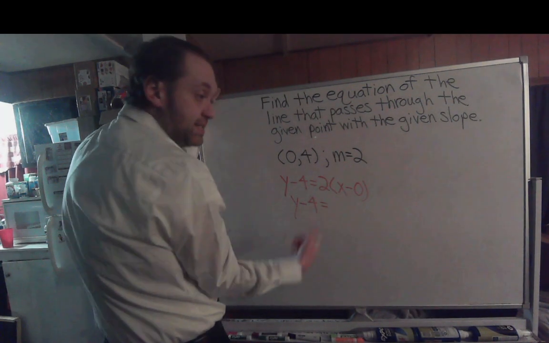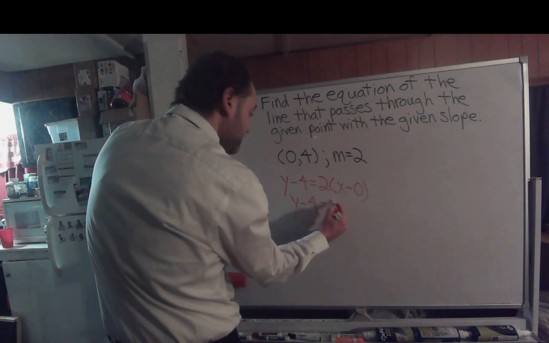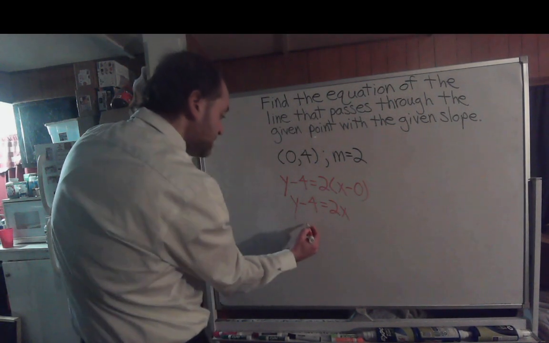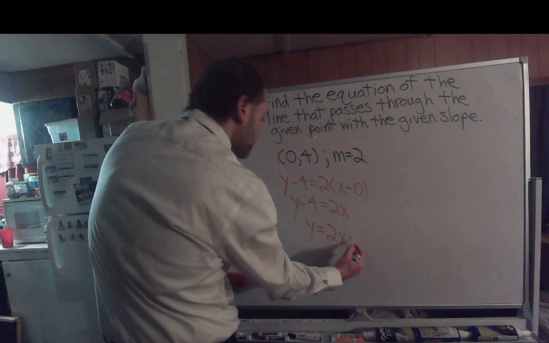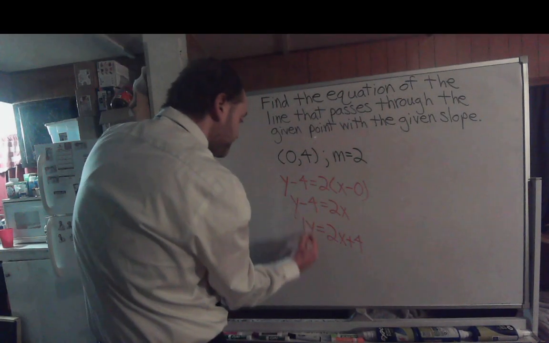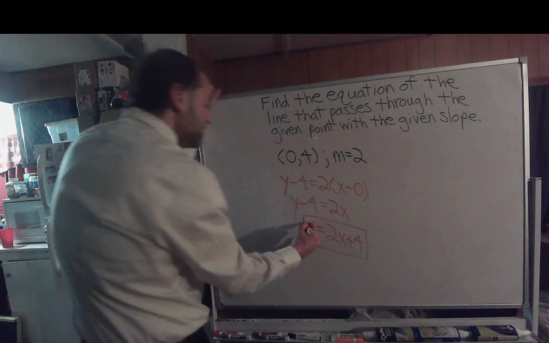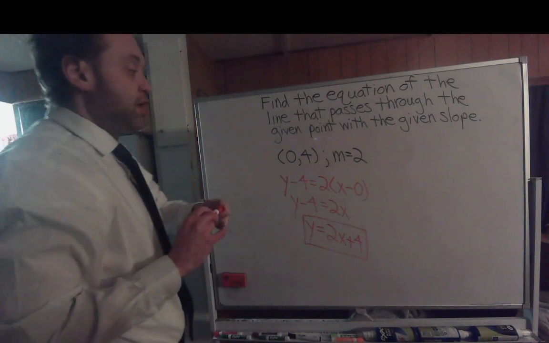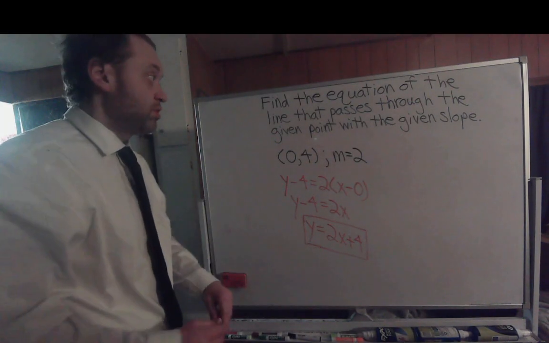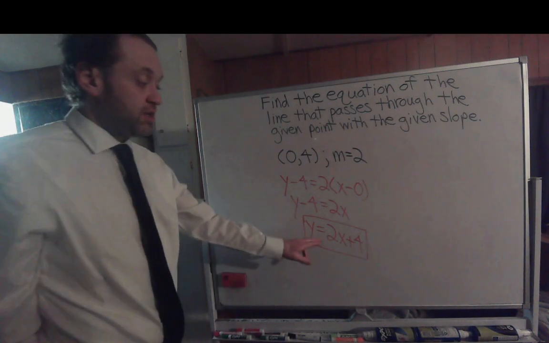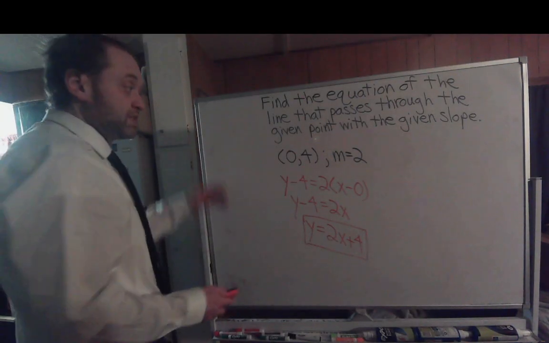Well, x minus 0 is just x, which would give you 2x. So the equation of this line would end up being 2x plus 4. So you see now how it converts from point-slope form to slope-intercept form. The equation we'd be looking for is y equals 2x plus 4.